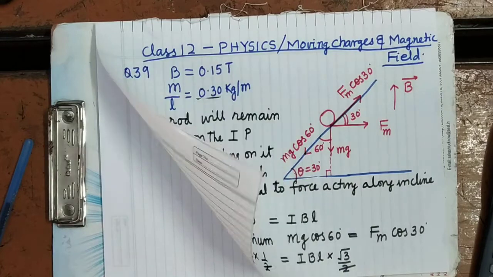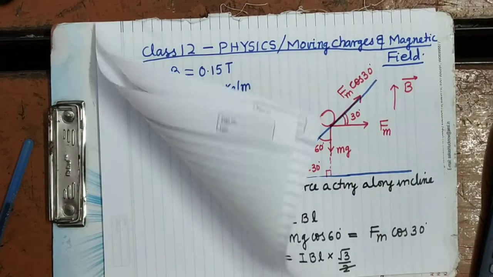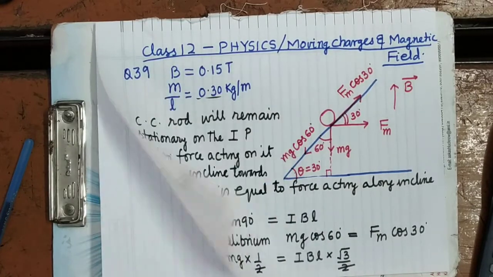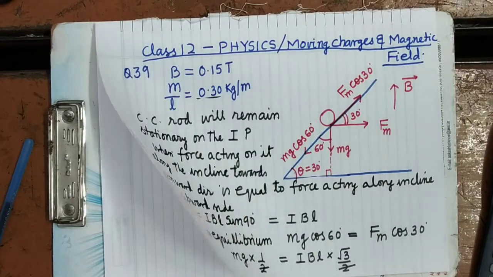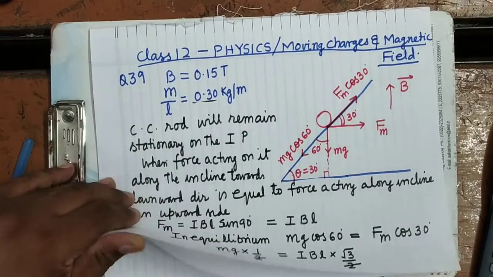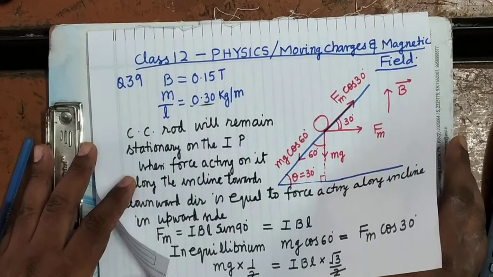Now you can see question number 42, and this question has been asked in the board examination. In your book, it is question number 42 asked in 2018. See here.